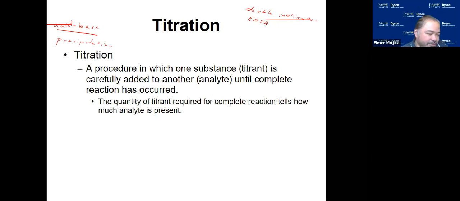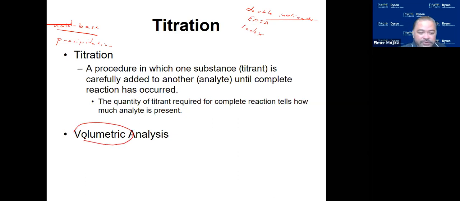The basis for this reaction are acid-base, precipitation, double indicator, or EDTA. And we have another one that you're going to do next week, which is redox. Titration is volumetric analysis.